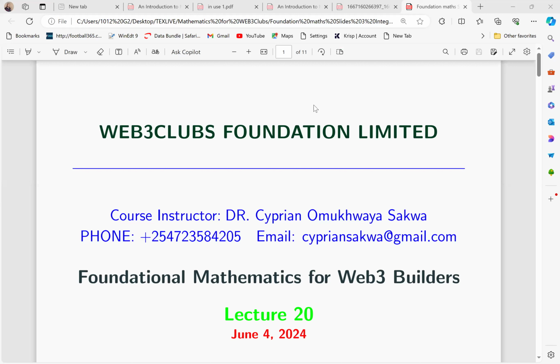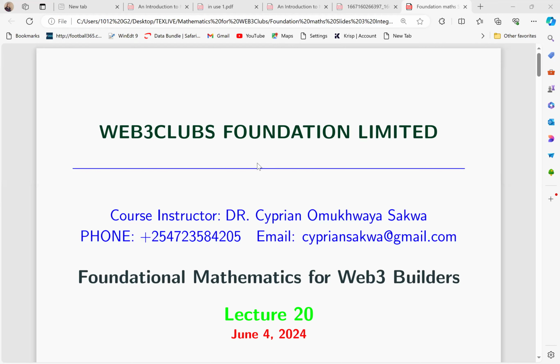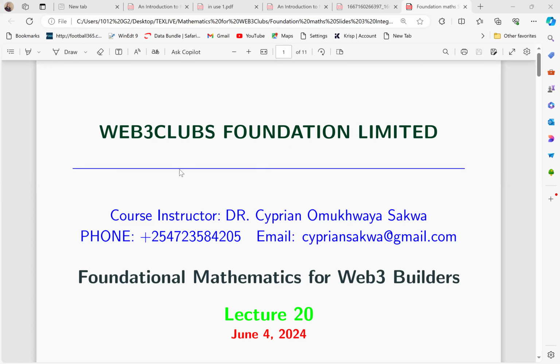Welcome back. Today we want to look at some algorithms for factorizing composite numbers. If you're given a composite number, we learn how to factorize.